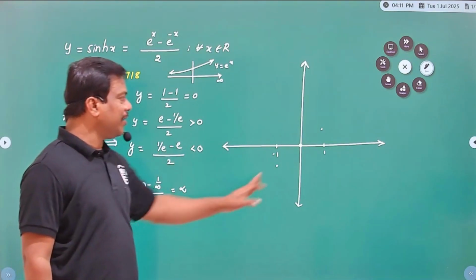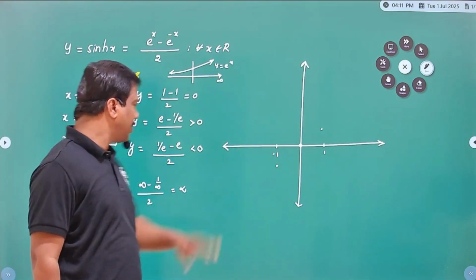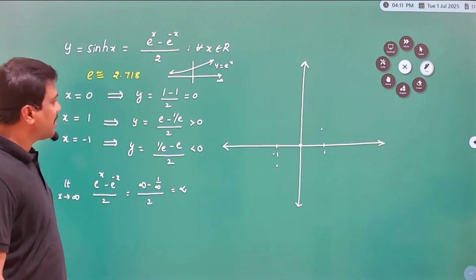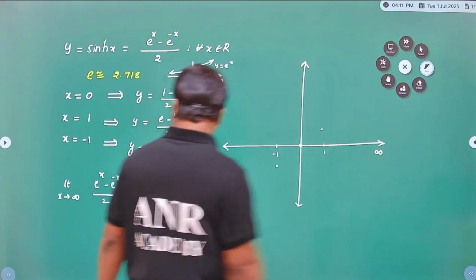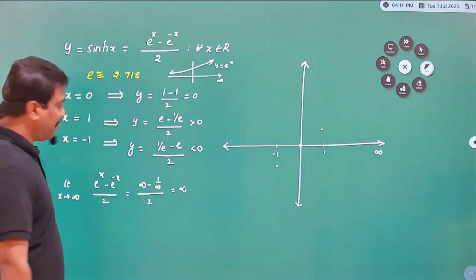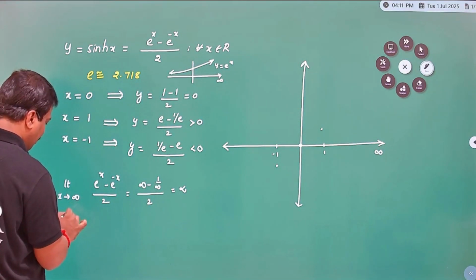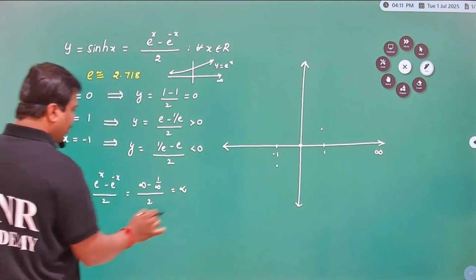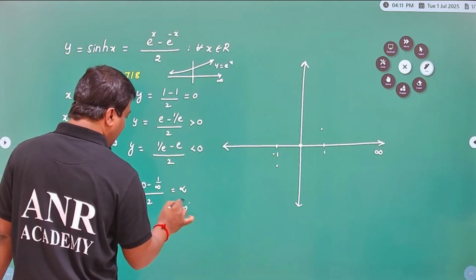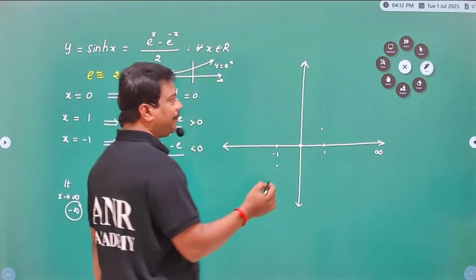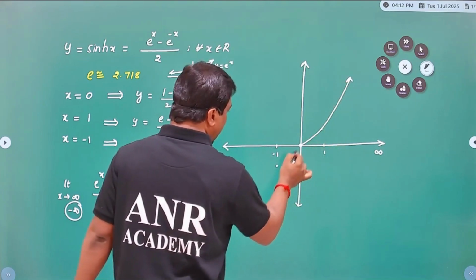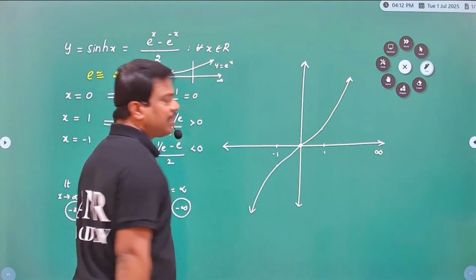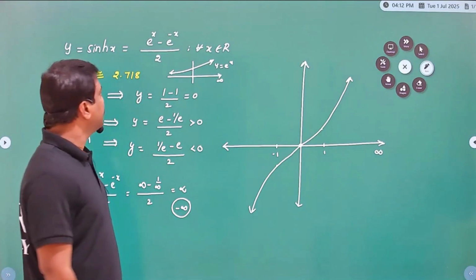Output should be negative for x equal to minus 1, right? Next, as x approaches infinity, the functional value also approaches infinity. When it approaches minus infinity, it also approaches minus infinity. This one is the graph of sin hx.